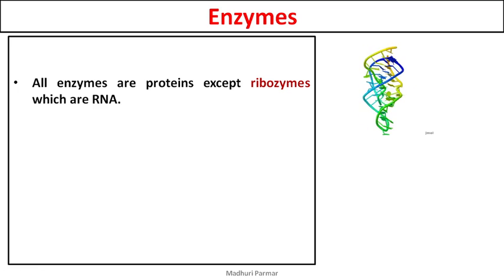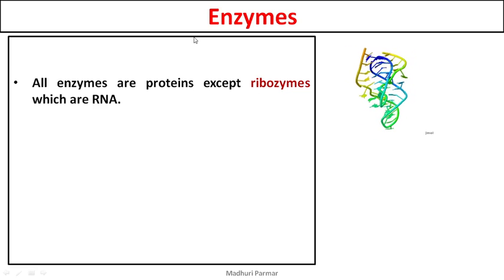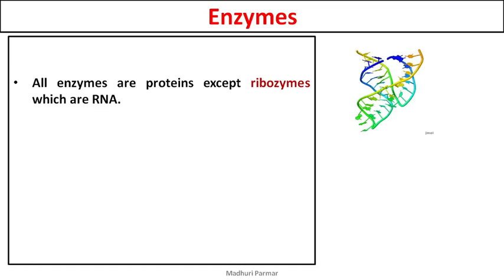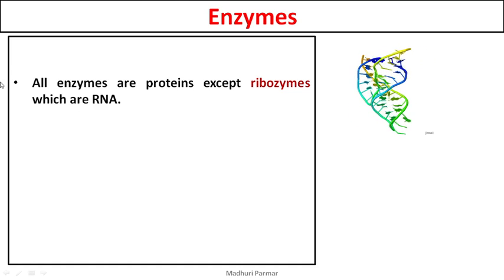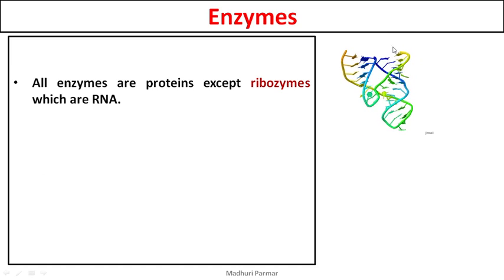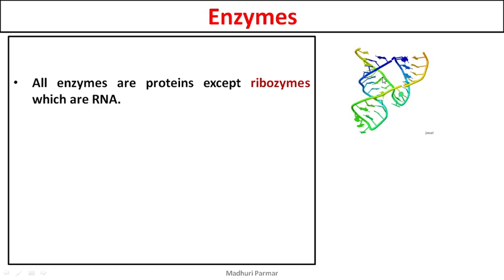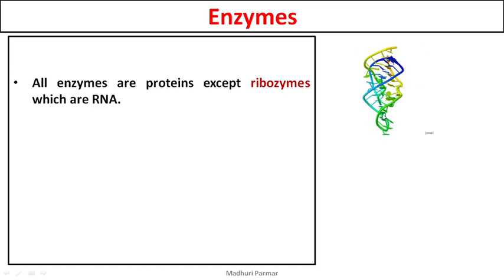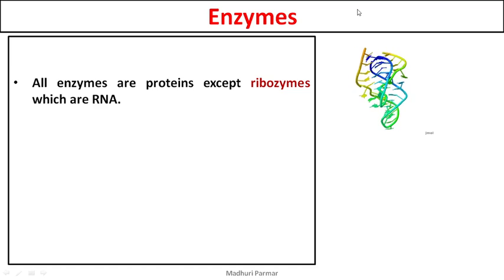Now let us talk about enzymes. There are two types of enzymes. Always remember this, it is very, very important. One type of enzymes are made up of RNA. Here what you are seeing is a single strand of RNA which has formed this sort of 2D or 3D structure. It can fold on itself and form this kind of secondary structure.